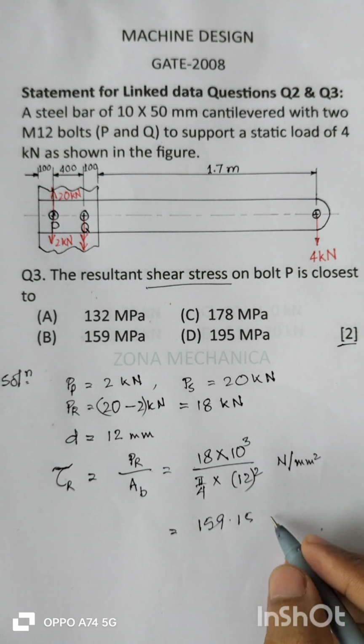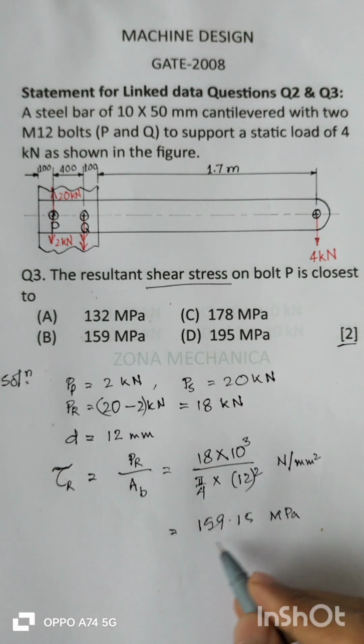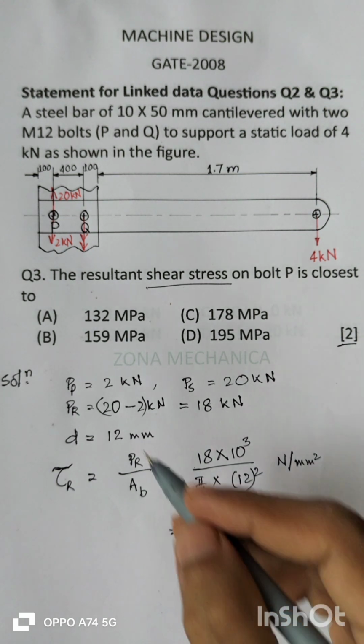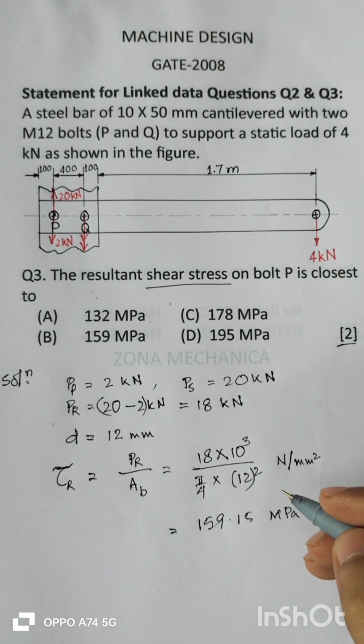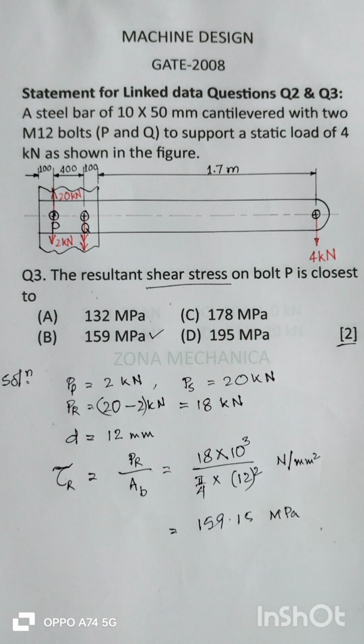This is Newton per mm square, which is equivalent to MPa. So this is the resultant shearing stress on the bolt P. So clearly it's matching with option B, 159. So option B is the correct answer.